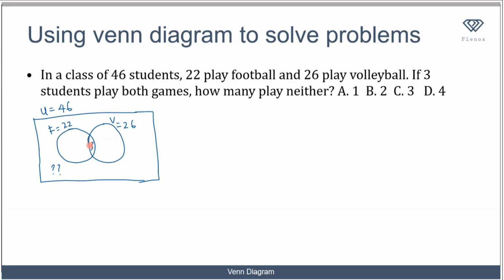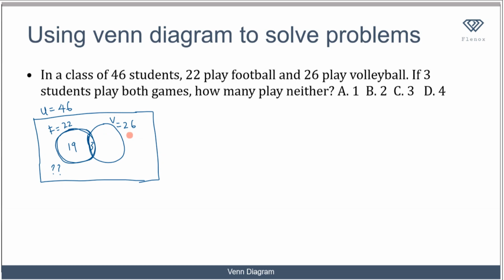To find the number of students that play football alone, which is represented by this section here, I just have to subtract the students that play both of them from 22, and that gives me 19. So what does it mean? It means that out of the 22 students that play football, which is represented by this circle over here, 19 of them only participate in football, while 3 of them participate in both football and volley.